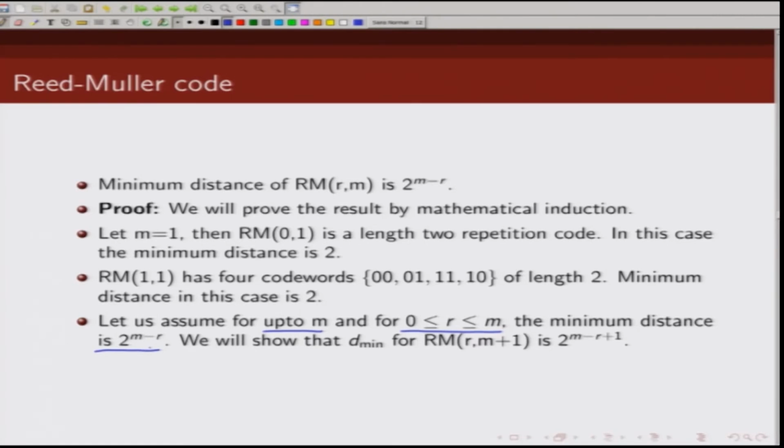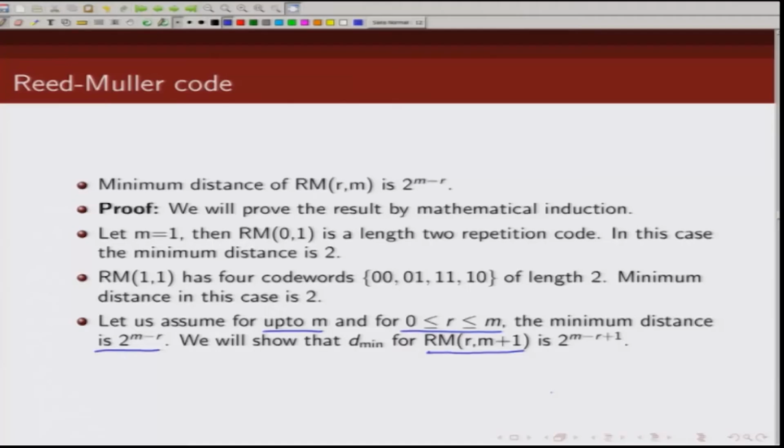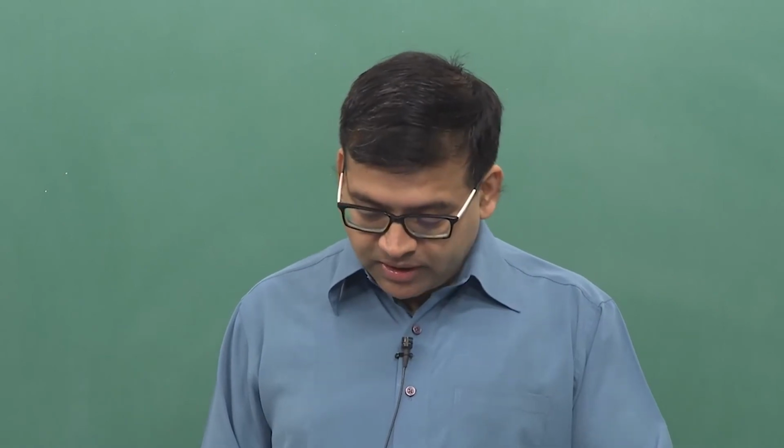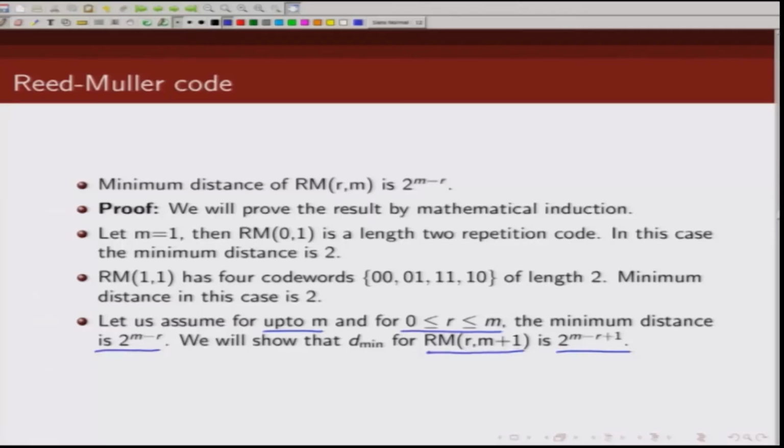Now, what we are going to show is that this is also true for m plus 1, and what should be the minimum distance for m plus 1? It should be 2 raised to power m plus 1 minus r. So, that is this. Next, we are going to show that the minimum distance of the rth order Reed-Muller code of length 2^(m+1) is basically given by this.